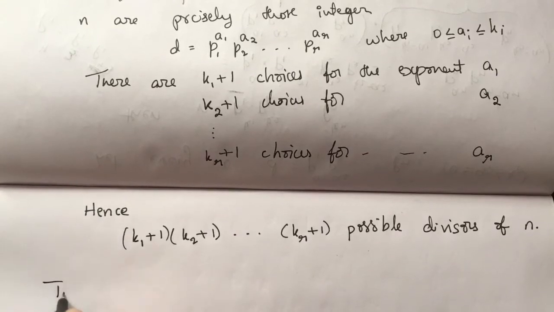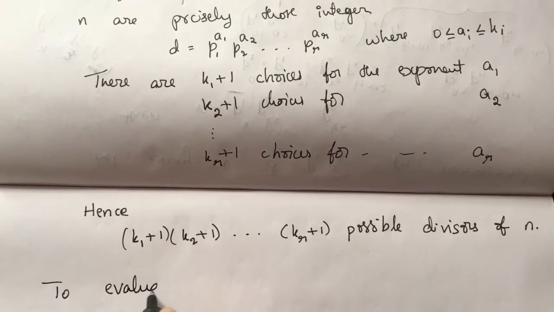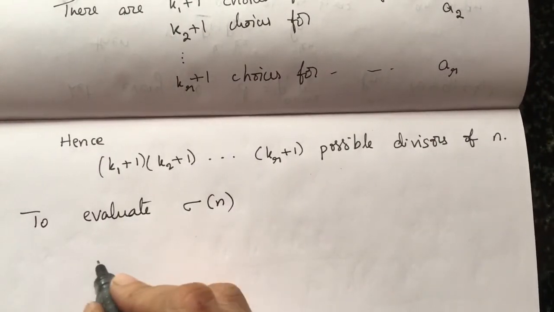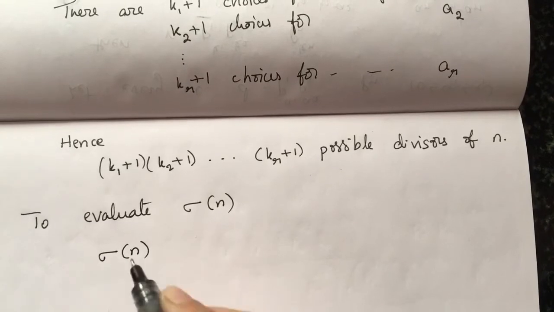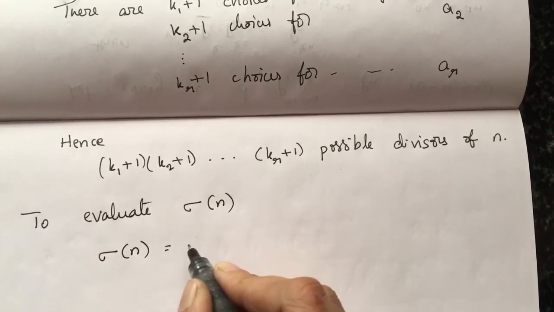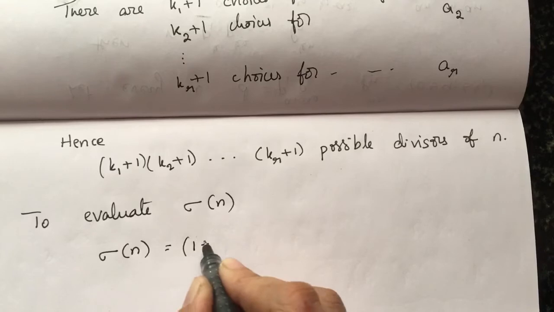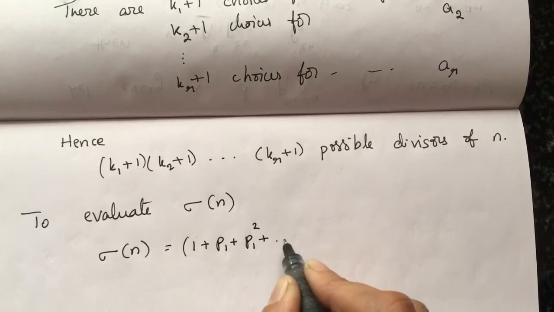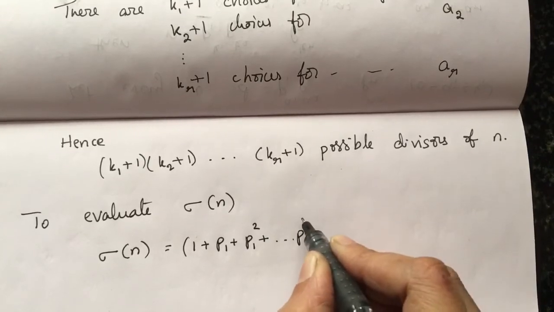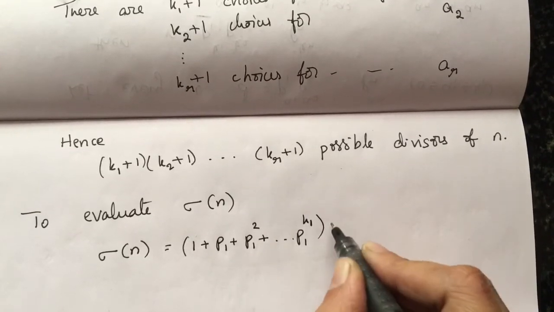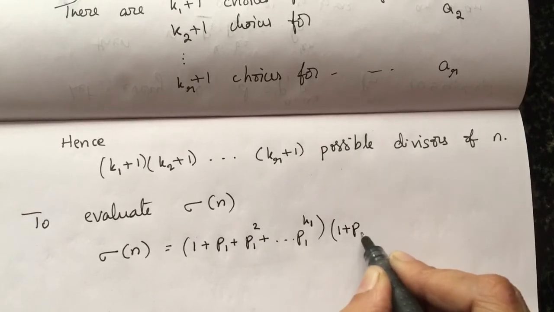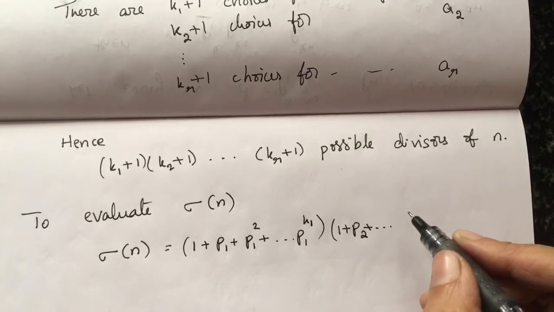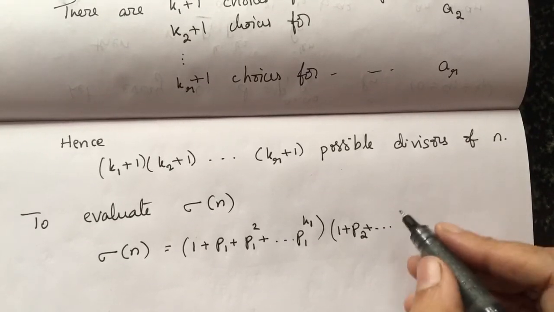Now to evaluate sigma n, consider the product: 1 plus p1 plus p1 square up to p1 power k1, into 1 plus p2 plus p2 square up to p2 power k2, and so on, up to 1 plus pr plus pr square up to pr power kr. Sigma of n is nothing but the sum of the divisors, right?